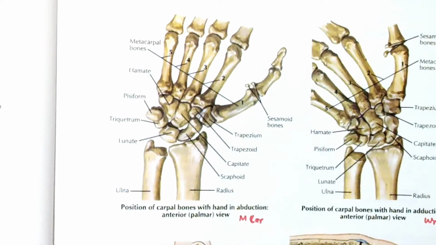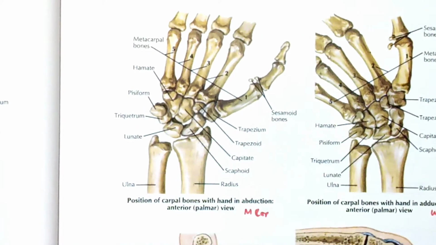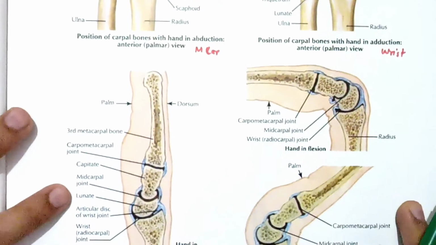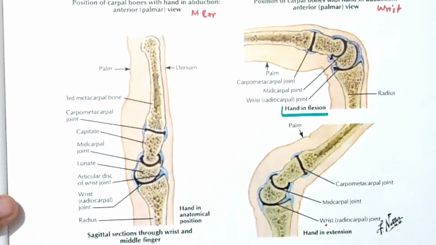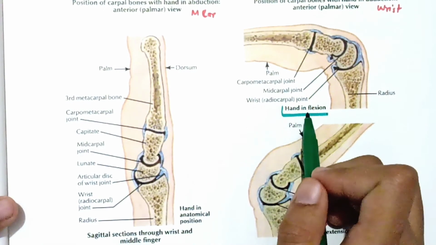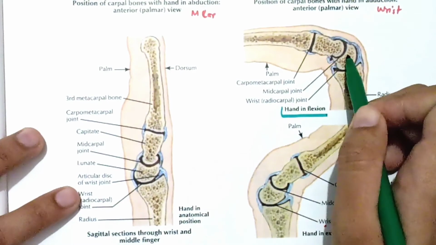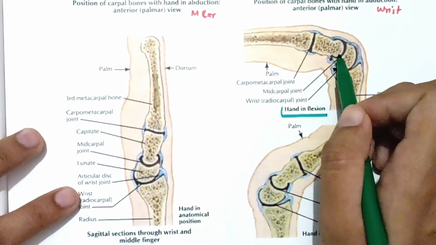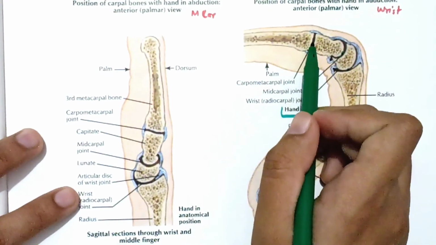Now here in this diagram you can see, first let's see the flexion and extension. This is the position of the hand in flexion. You can see here the main movement is at this mid-carpal joint. This is mid-carpal, this is the wrist joint, and this is the carpometacarpal.